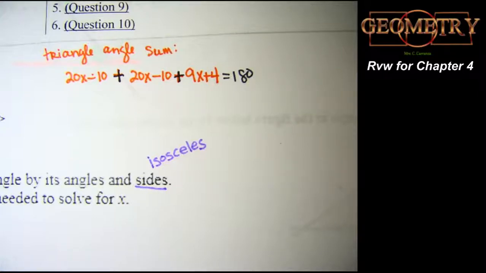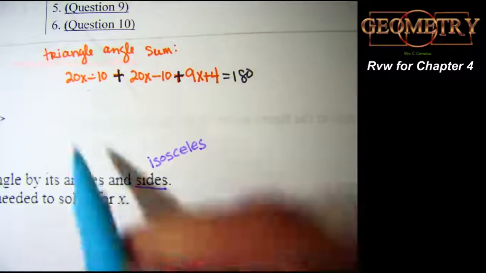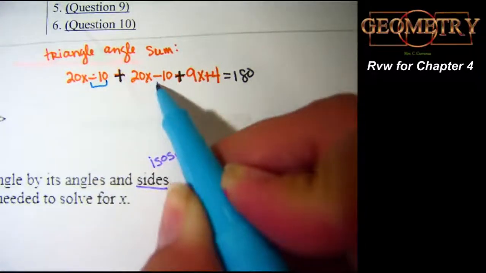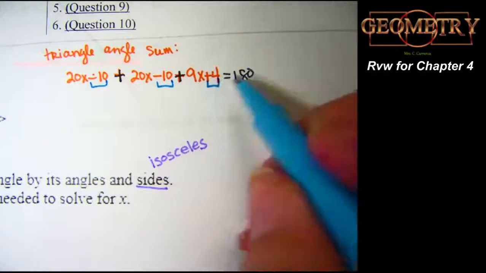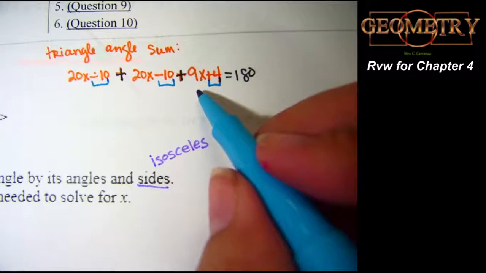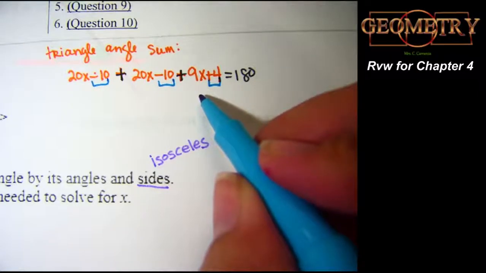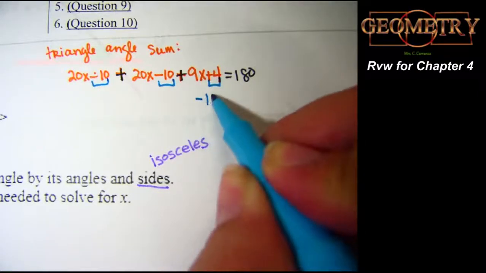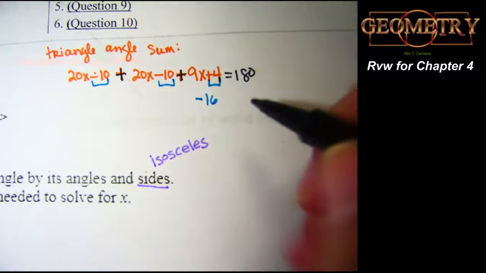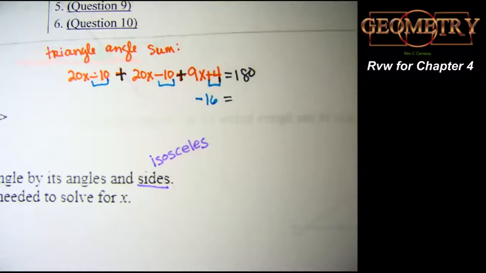And now I solve this equation for x. I'm going to combine like terms. I'm going to combine the negative 10 with the negative 10 with the plus 4. Negative 10 minus 10 is negative 20, plus 4 is negative 16.